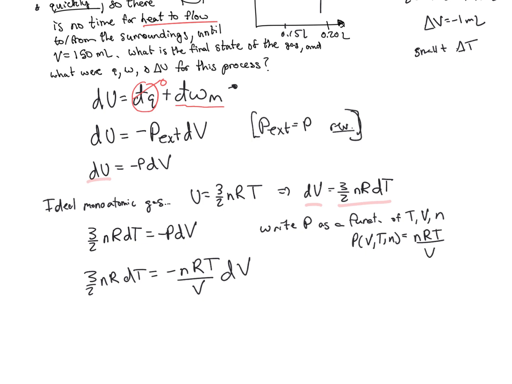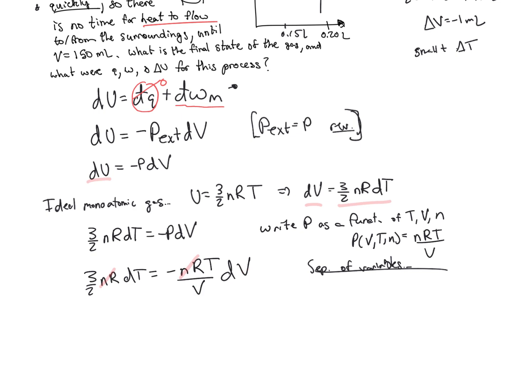And again, a calculus trick that we need to remember here. First thing that's nice about this is that we have some things canceling, so n and R are on both sides and those cancel. The second trick that we need to do is basically separation of variables. So to integrate this, we need to put this T over with the dT and leave the V with the dV.